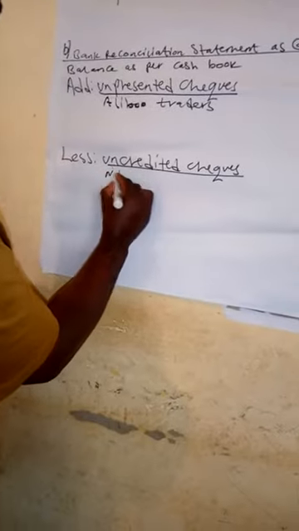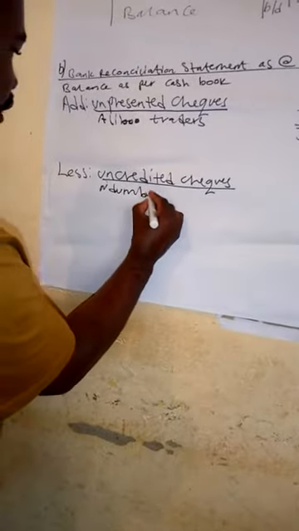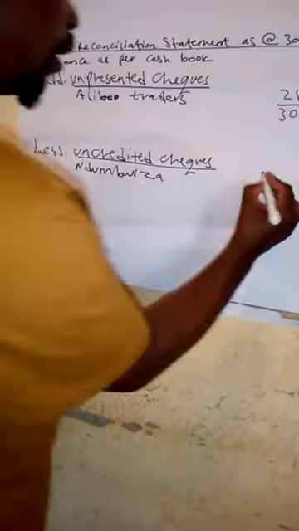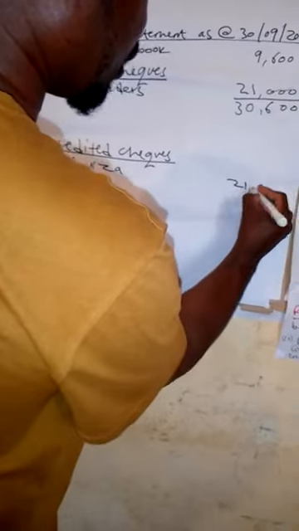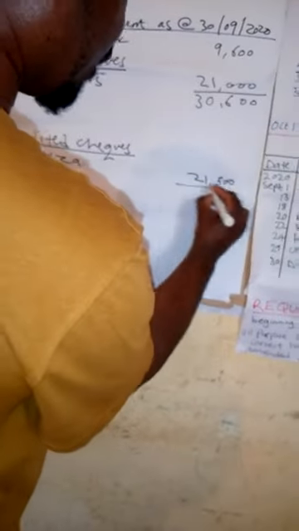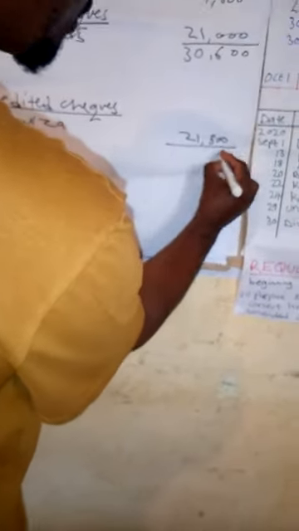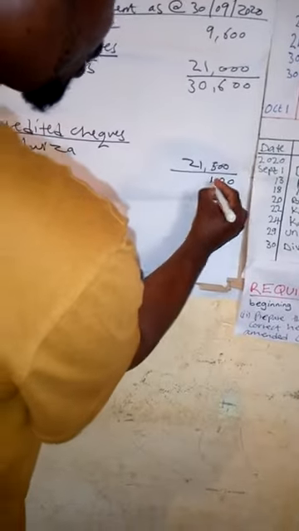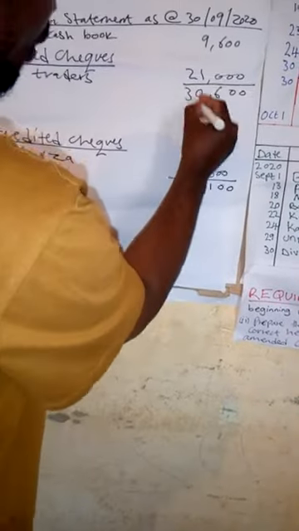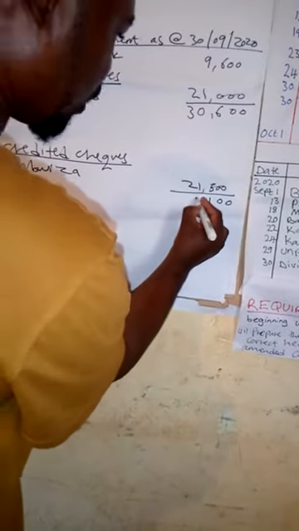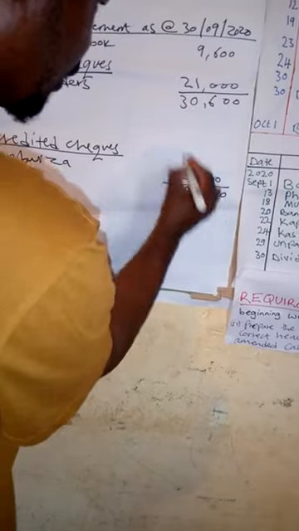So you can write Dumbwiza, that is 21,500. If we subtract, 6 minus 5, we have 1. This one becomes 10. 10 minus 1, we have 9.